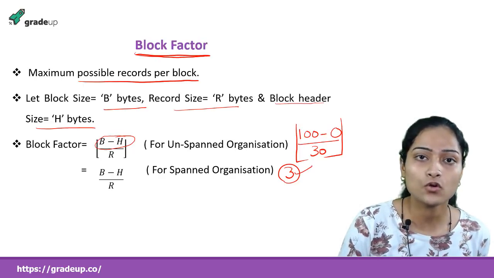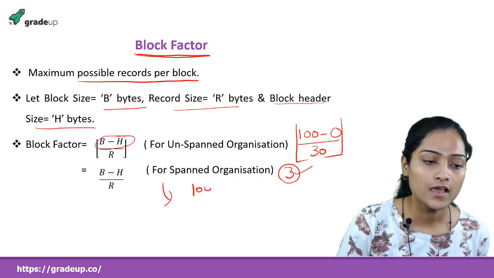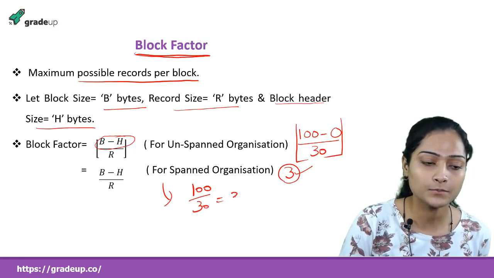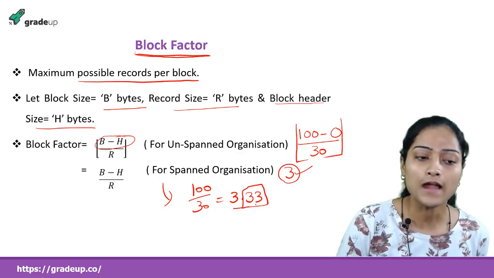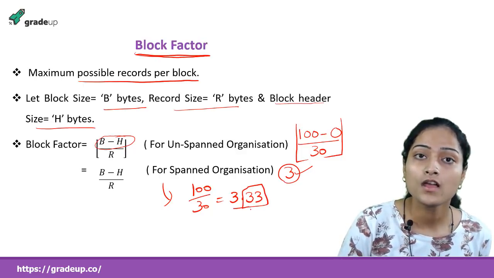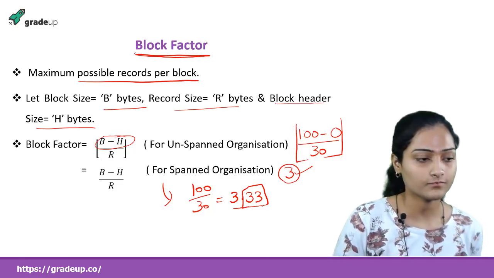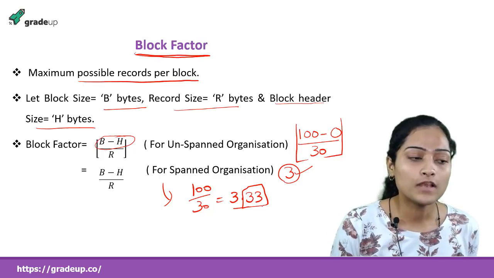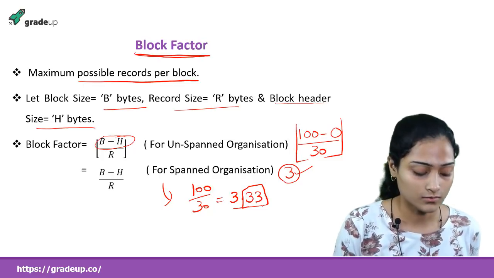You have seen we can store only 3 records. For spanned organization it would be 100 divided by 30, that is something like 3.33, meaning some part of the next record can be stored in this particular block. So this is the formula for calculating the block factor for a particular block.